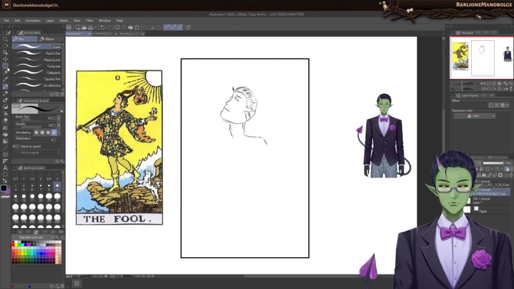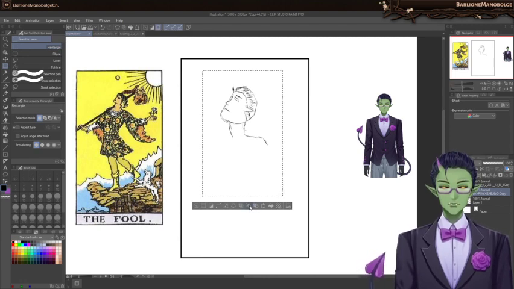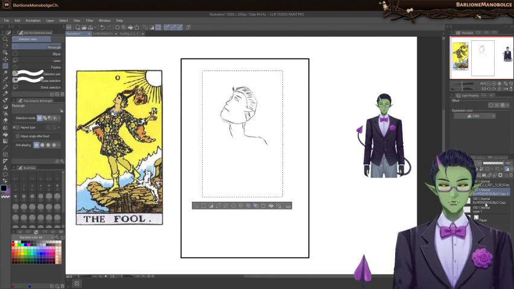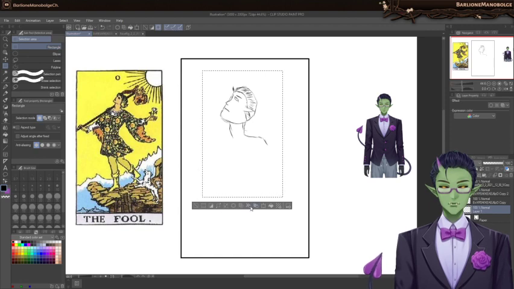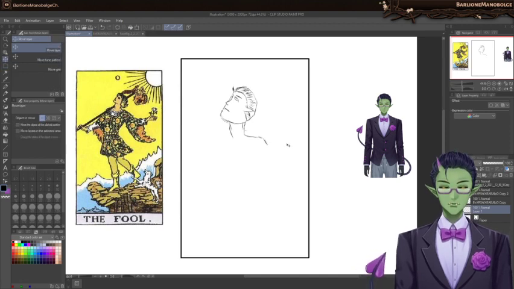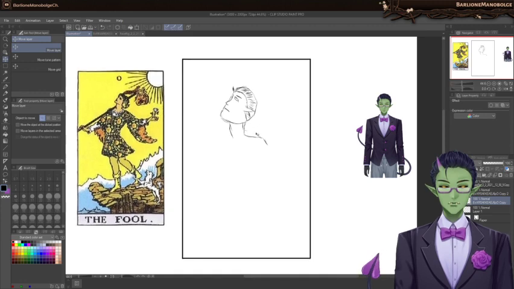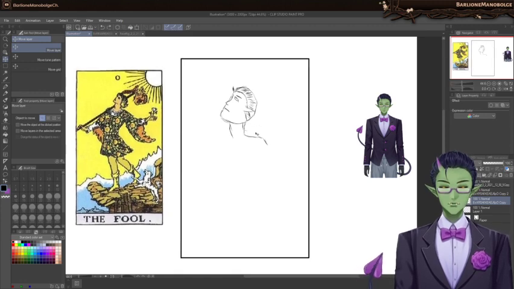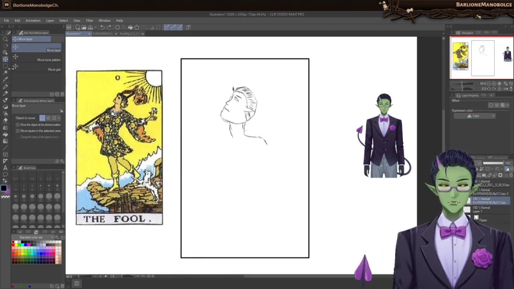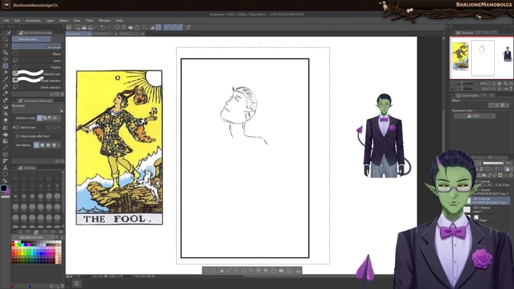Alright. Let's cut that to its own layer. Let's cut that. Huh? I see. Sense.